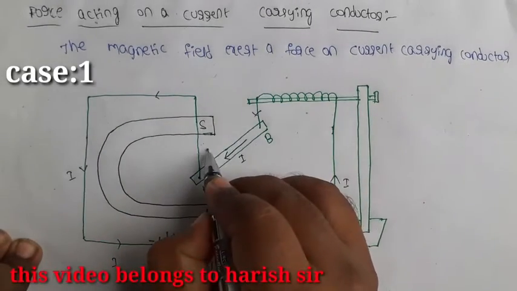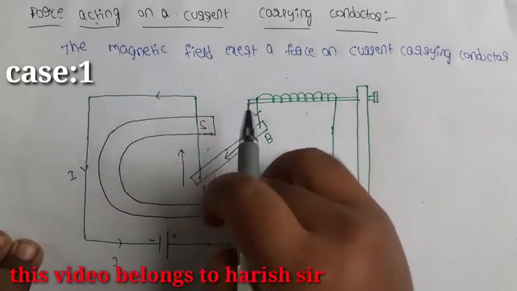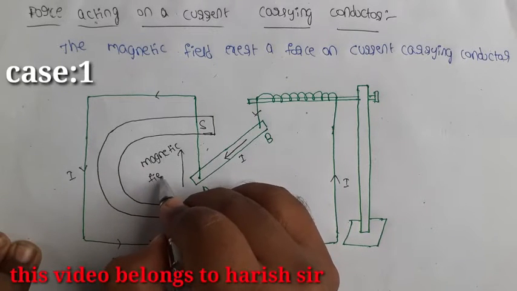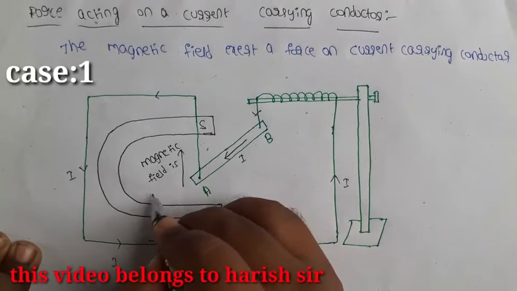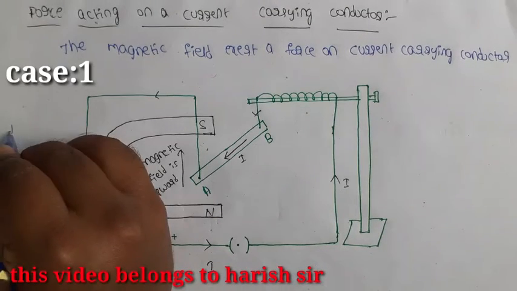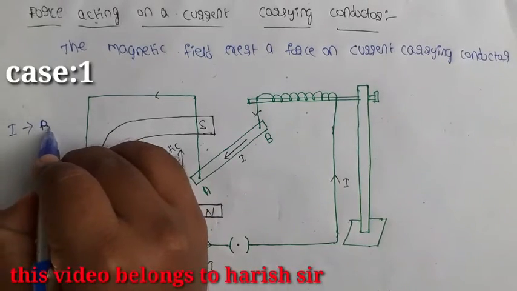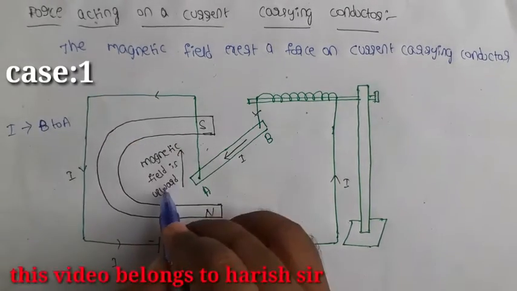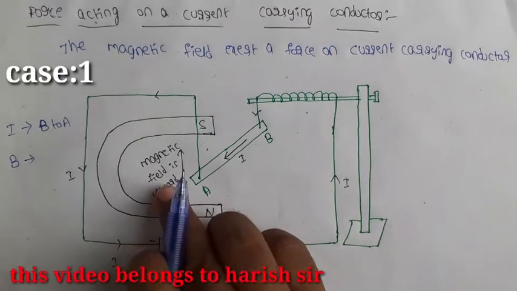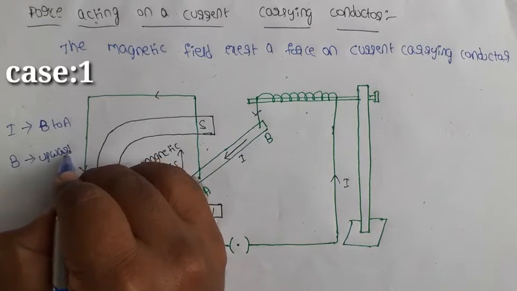So the magnetic field is in the upward direction. Here the current direction is B to A. The magnetic field is denoted by capital B, and it points upward, north to south.